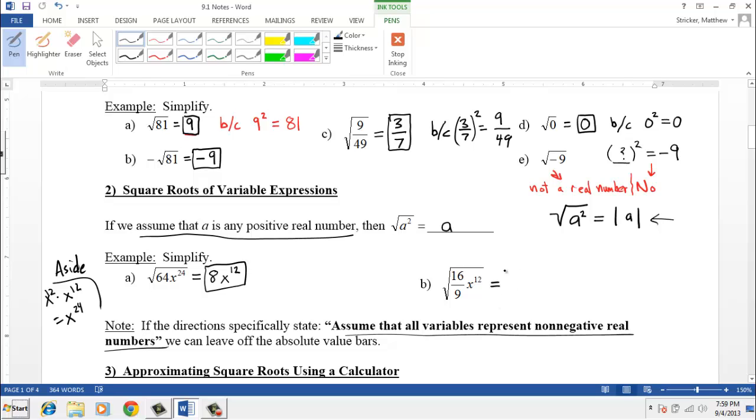So if you think about this next one, the square root of 16 over 9 is 4 over 3. And then what's the square root of x to the 12th? It's x to what power? Well, it's got to be the 6th power, because x to the 6th times x to the 6th is x to the 12th.